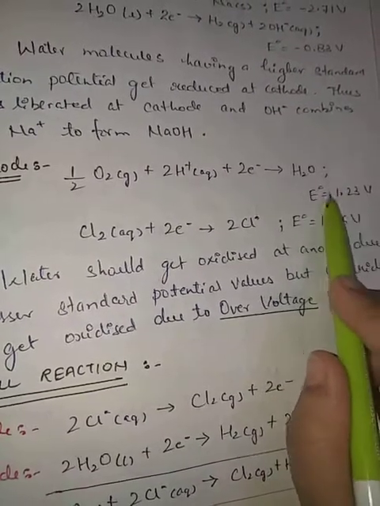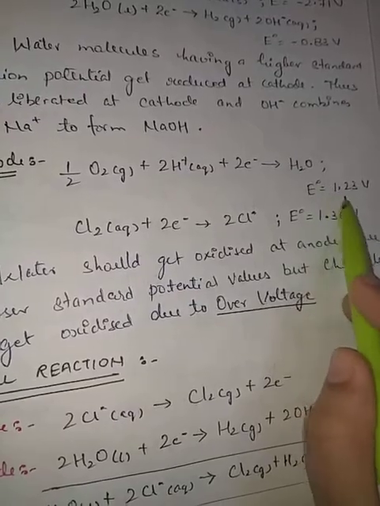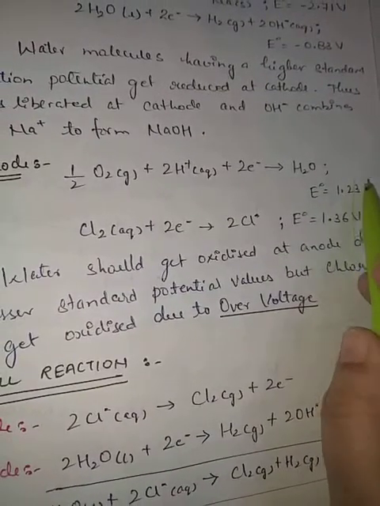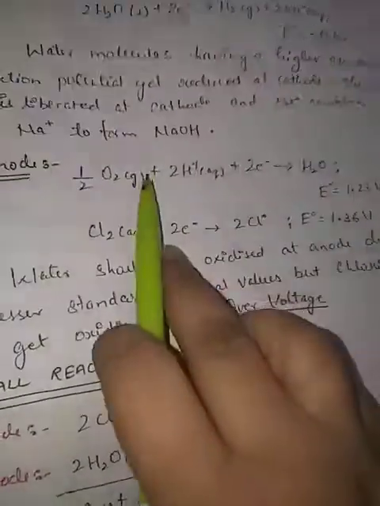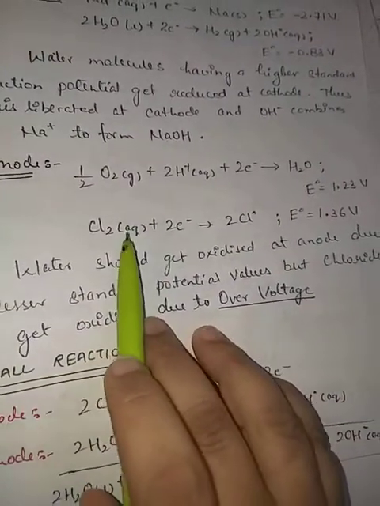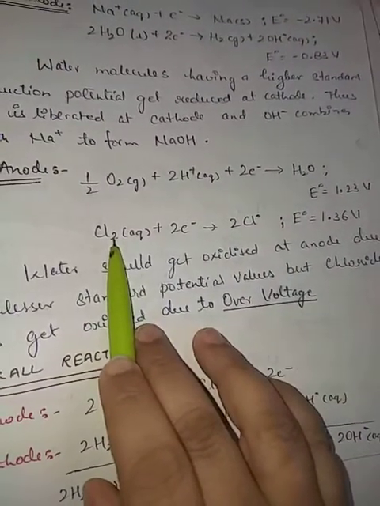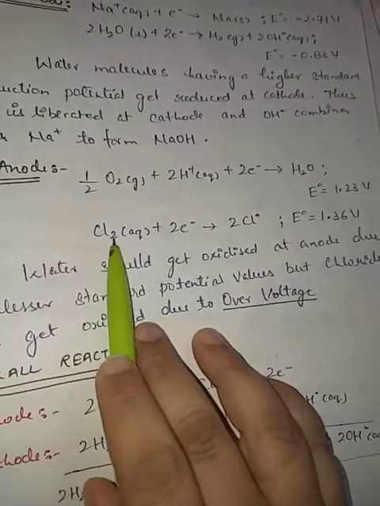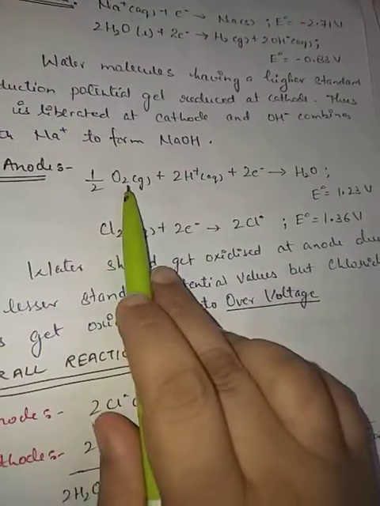Because a very large amount of energy is required, 0.25 extra other than this, this other one will have the lesser reduction potential value, and this is collected instead of that.